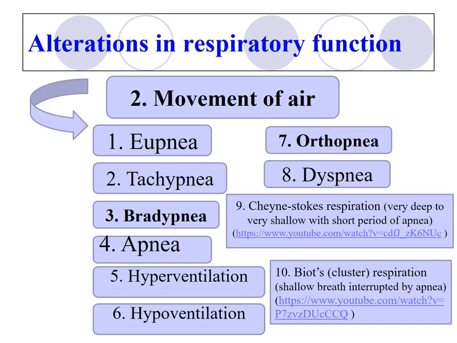In case of diseases, high fever, heart problems, and stress, all of those might lead to tachypnea. Bradypnea is a low breathing rate. So the rate of breathing will be less than normal, less than 12 in an adult.